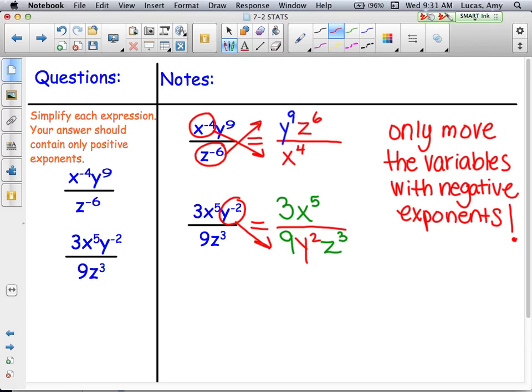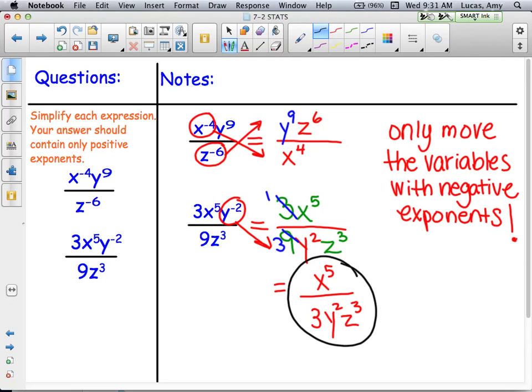And now I can do a little bit of simplifying on this one, because 3/9 would reduce to 1/3. So in simplified form, I would have just x to the 5th over 3y squared z to the 3rd power, like that. In the numerator, the 1 I don't need to write, because 1x to the 5th is just x to the 5th.